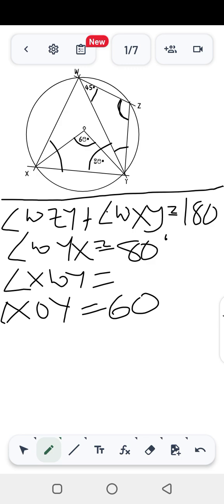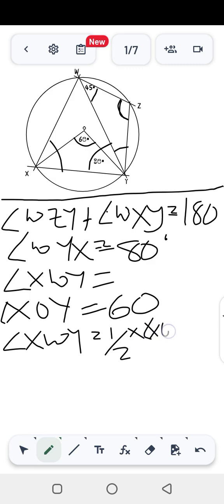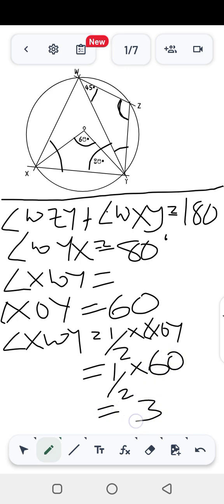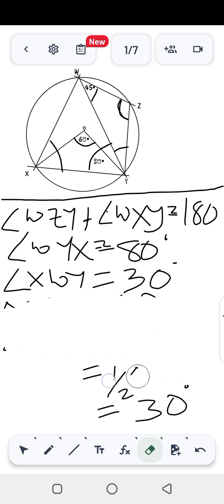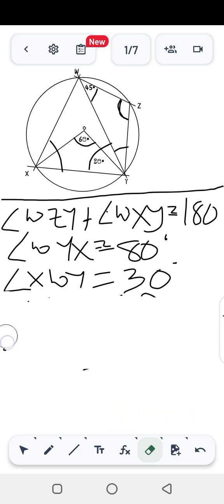Then angle XWY will be half of angle XOY. So this will be half of 60 degrees, and that gives us 30 degrees. So angle XWY is 30 degrees. So now from there we can easily find angle WXY.